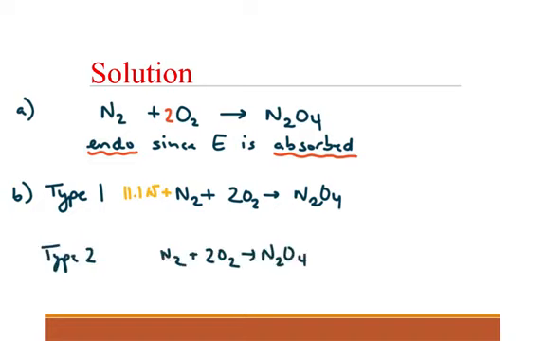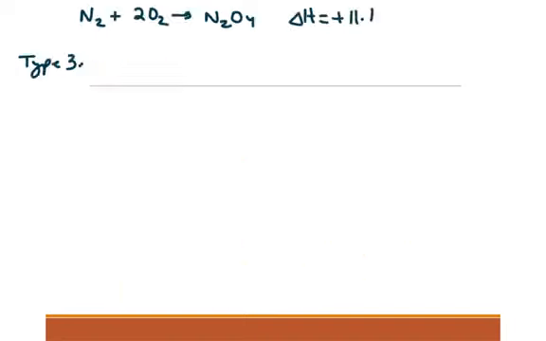In a type 2 scenario, remember I'm just bringing the enthalpy over to the side, and then I'm writing it as either a positive or a negative. Because it's endothermic, I'm going to write it as 11.1 positive kilojoules. Type 3, I've just rewritten a type 2 above here to use it, but type 3, remember, is we're going to use the molar enthalpy of the first ingredient, so delta HX of N2, and we have the delta H, we have the moles, and we're just dividing one by the other.